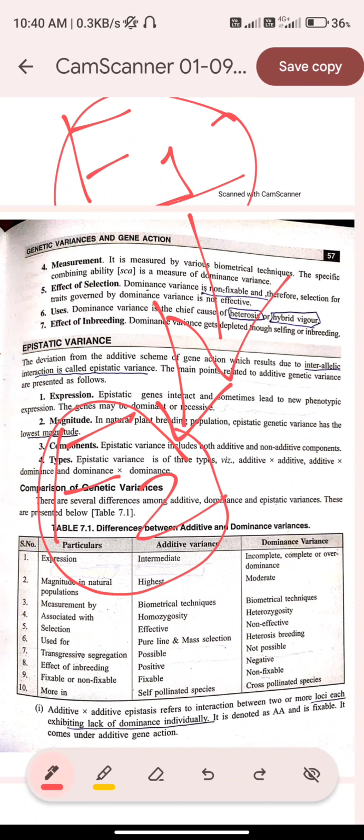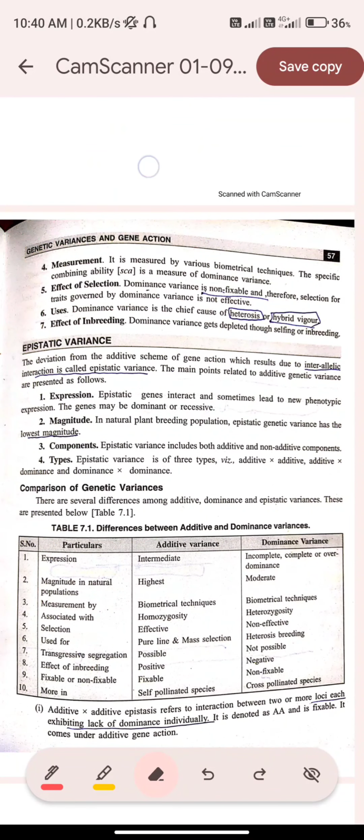They will show segregation in F2 and their magnitude cannot be fixed. So we are not using seed harvested from the F1 hybrid. That's why the farmers are not using the hybrid seed, because they know every time they need to change the seed, which is costly for them.